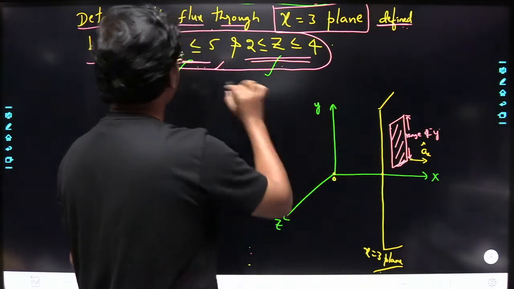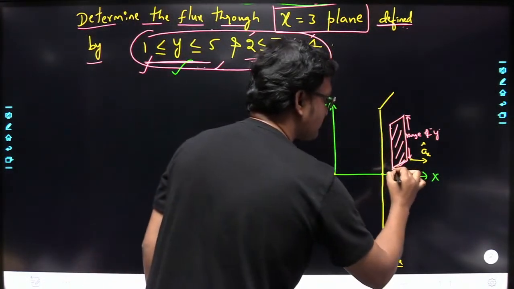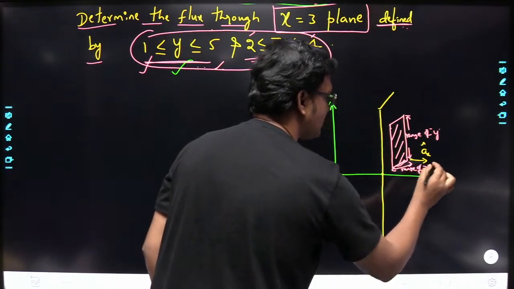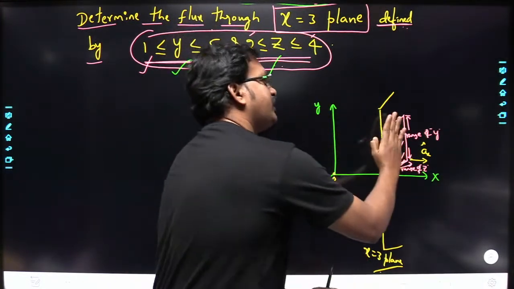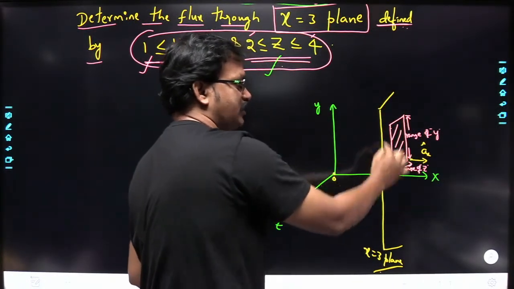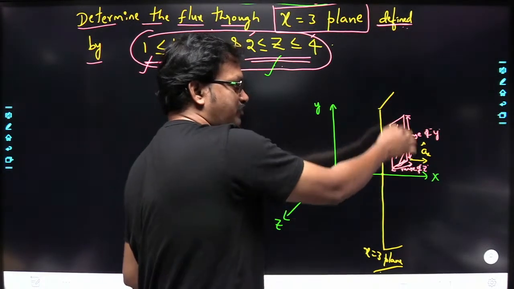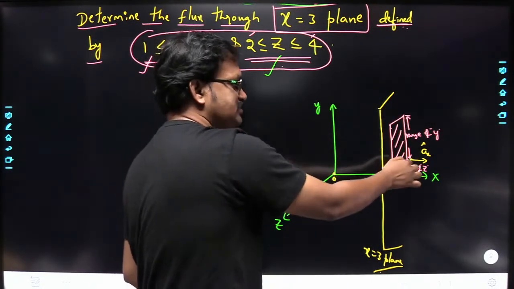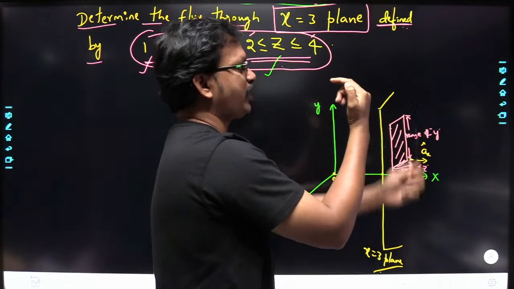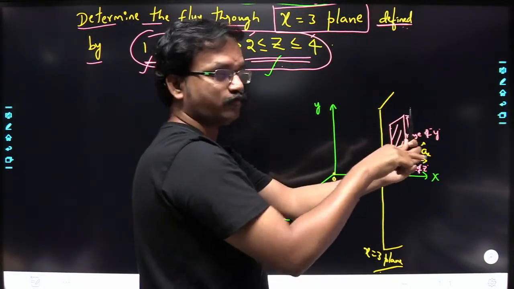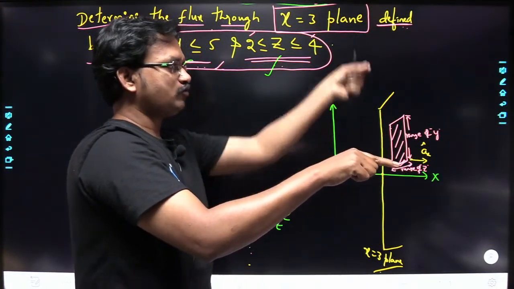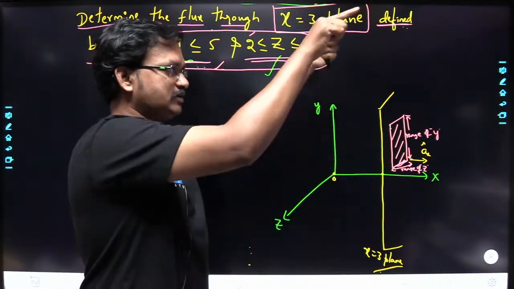So z is varying from 2 to 4, and from here to here represents the range of z. So this is the plane you are having. In this x equal to 3 plane, they have defined only this region, that is y varying from 1 to 5 and z varying from 2 to 4. So it is going to form this plane here, right?